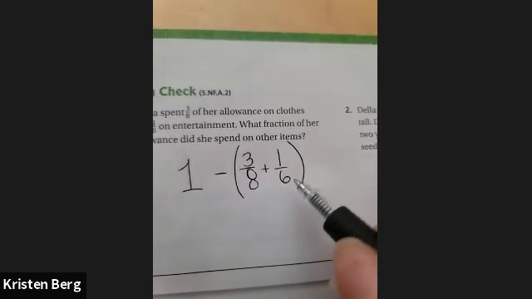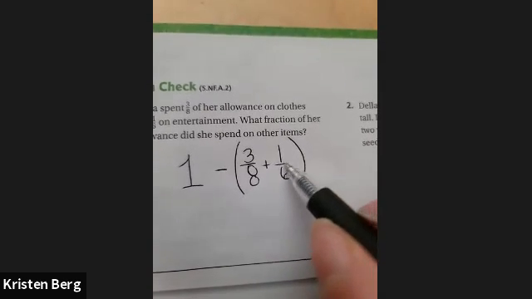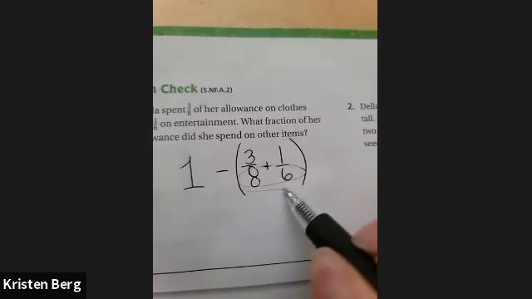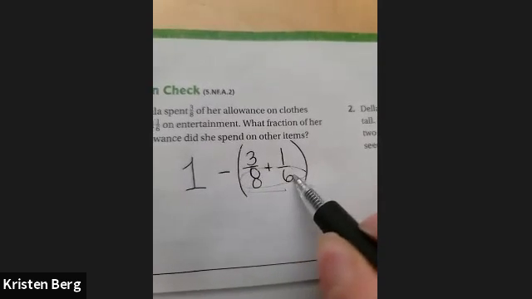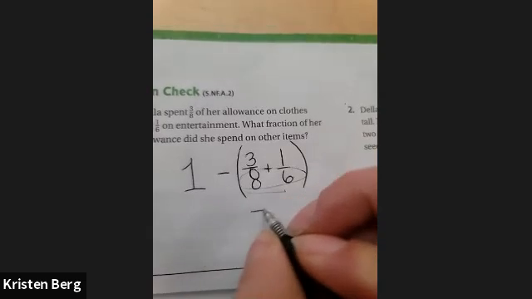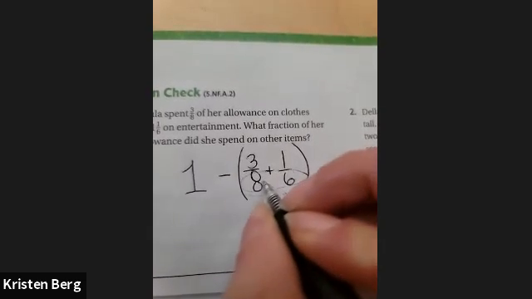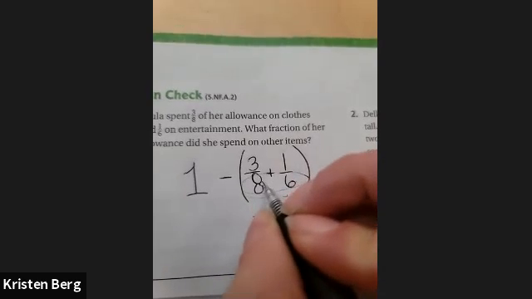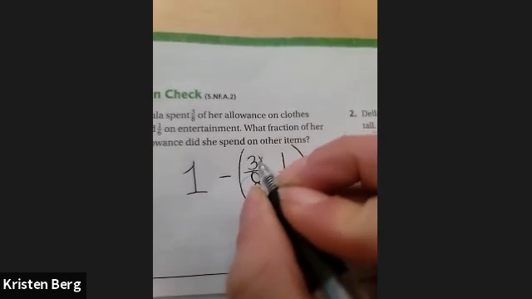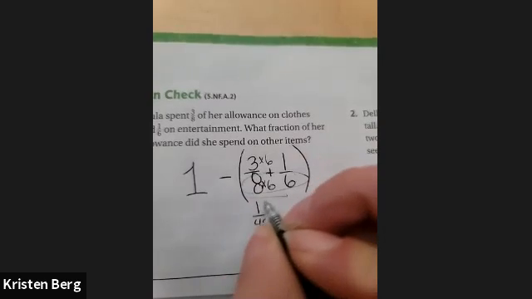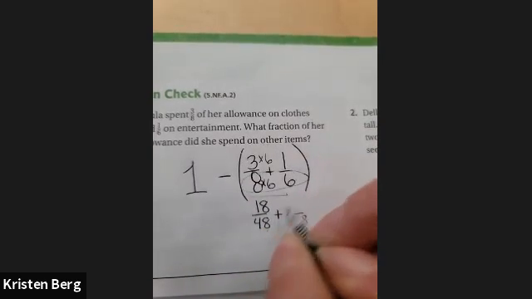So we could just do the quick way of this if you would like, which is just multiply these two and change them to 48. I'll just do that here. What do I do to an 8 to get it to 48? I times it by 6. And I times this by 6. So that would be 18/48ths.